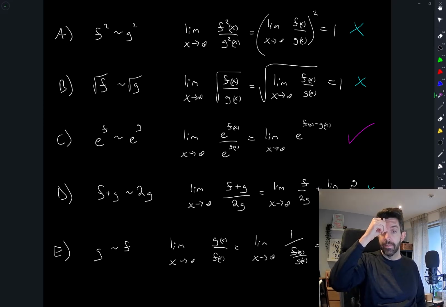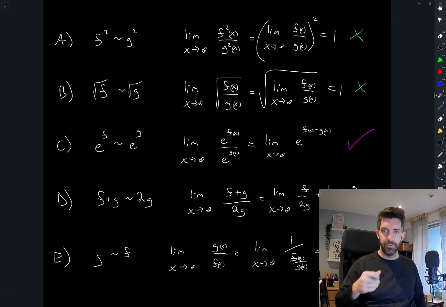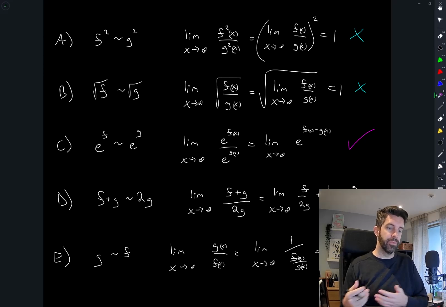Option D, we know that holds because if two functions grow at the same rate, then adding those functions together means the result grows at an added together rate, right? So in option D, the things you have on both sides of the relation grow at a rate of 2.